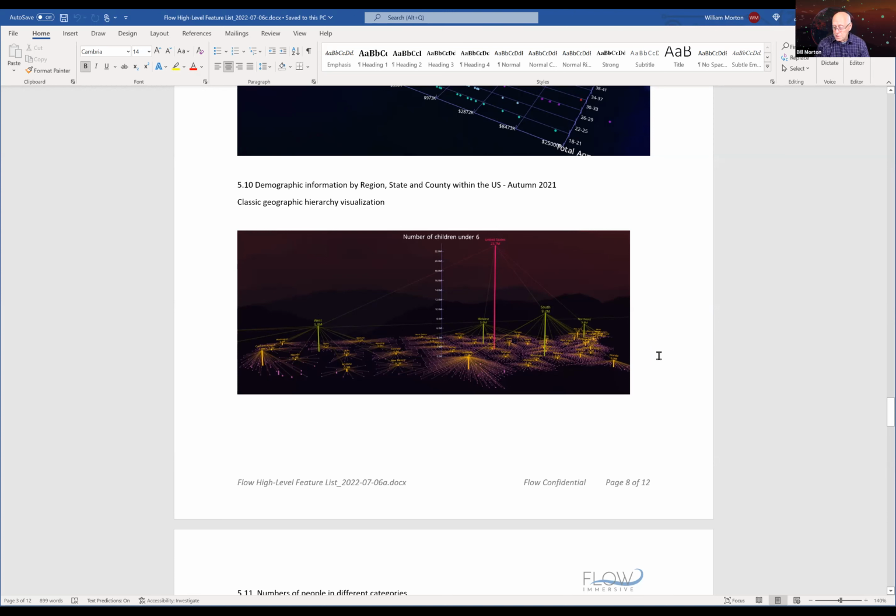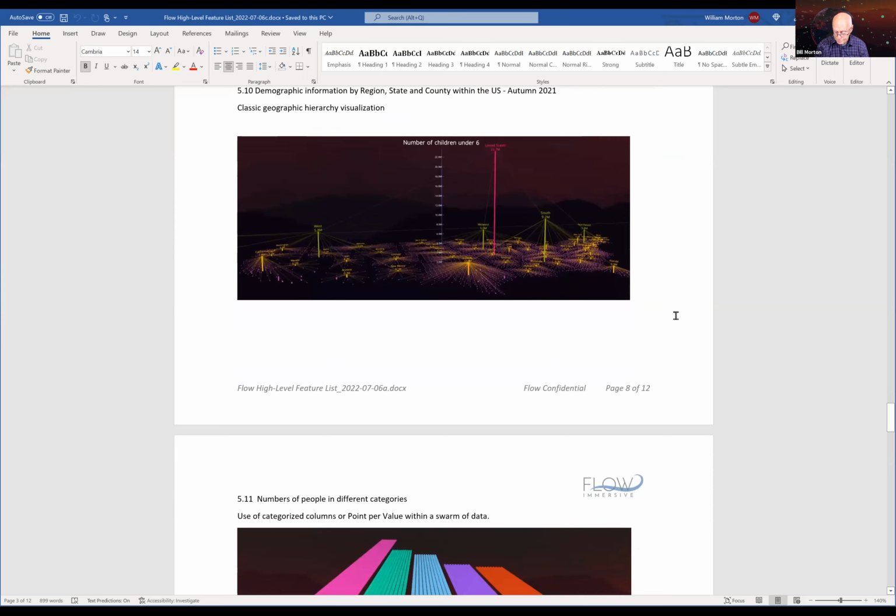So anyway, this is a 3D hierarchical visualization. I forget the name of that flow, but that was put out a little bit less than a year ago, and it's got some really nice graphics in it that have to do with this concept of hierarchy expressed geographically.